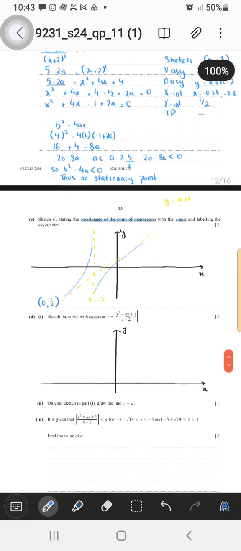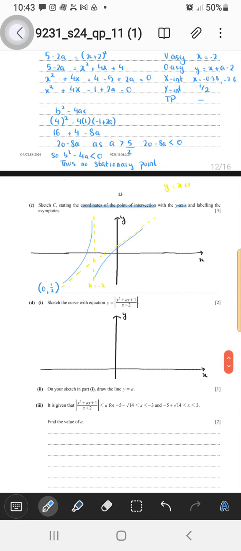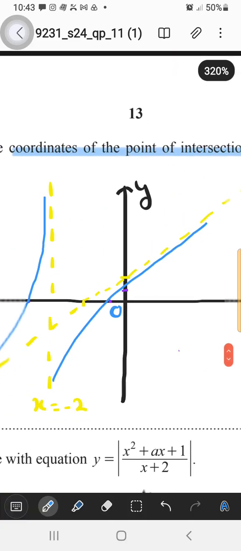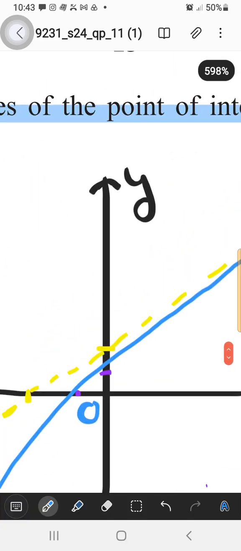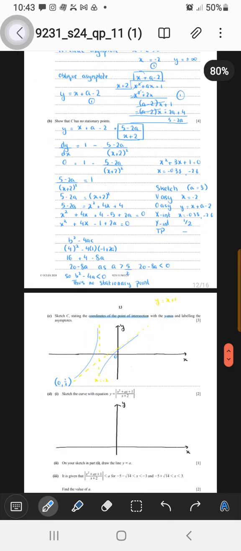Now we will move ahead, and in the next part it is asking for one more thing. I prefer you to write the origin here. In reality these axes are not drawn, I've drawn them myself, so you also have to label y and x. These are compulsory, I think.